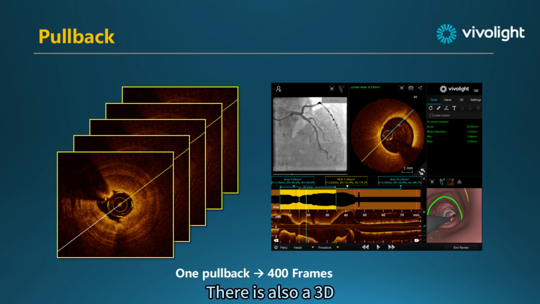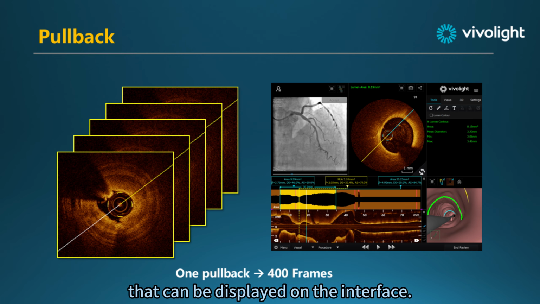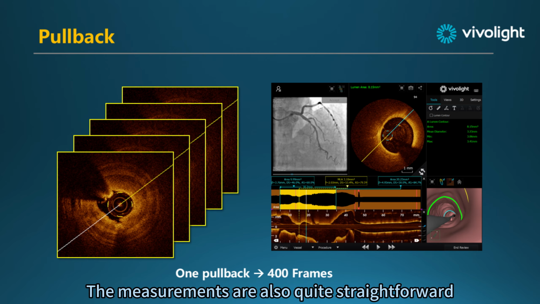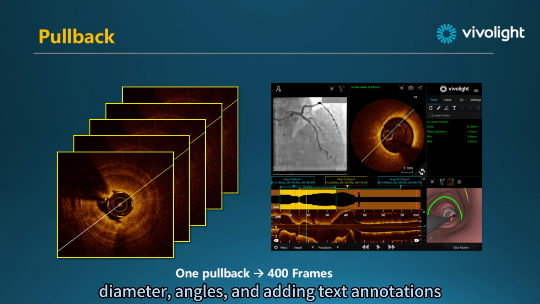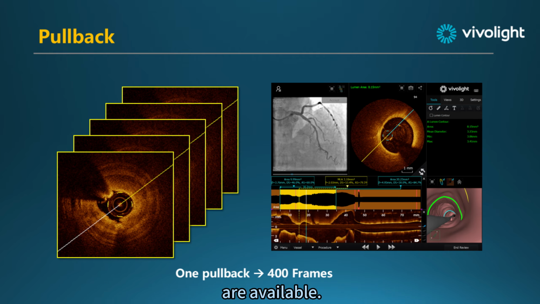There is also a 3D vascular reconstruction effect that can be displayed on the interface. The measurements are also quite straightforward, because tools for measuring vessel area, diameter, angles, and adding text annotations are available.